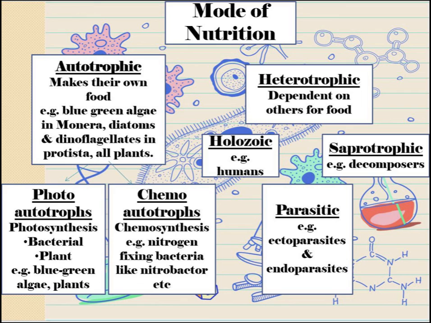Like we have lice on our head, those are the parasites. Ukun, we say in Bengali. They suck the blood from the root of our hair and they live on, but they don't contribute anything to our head except some itching. So that is called parasites.